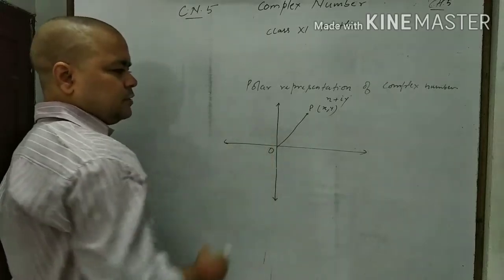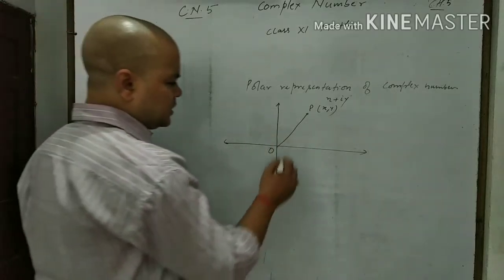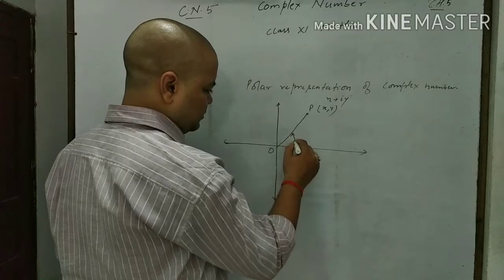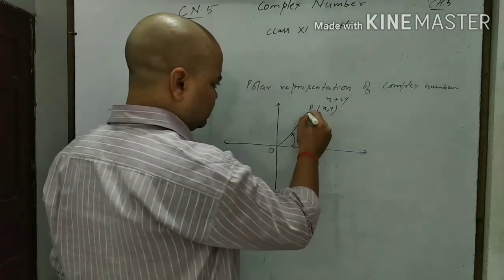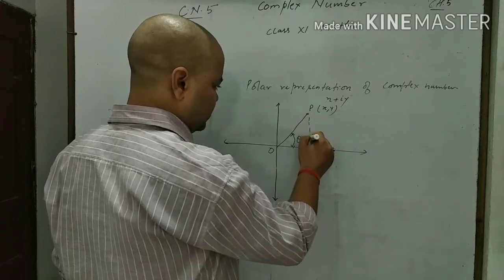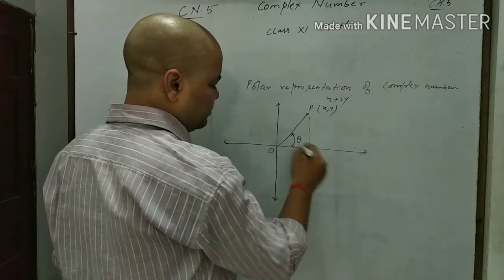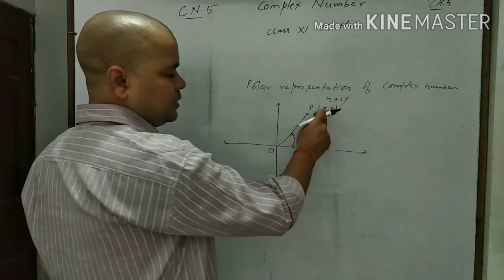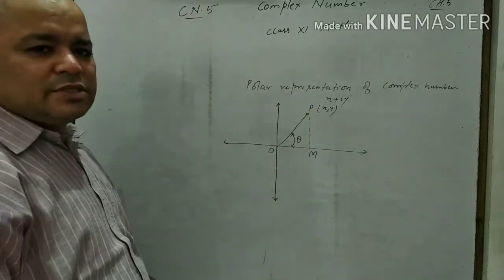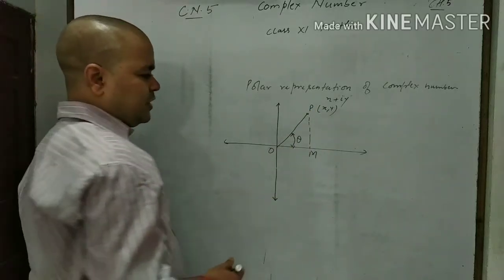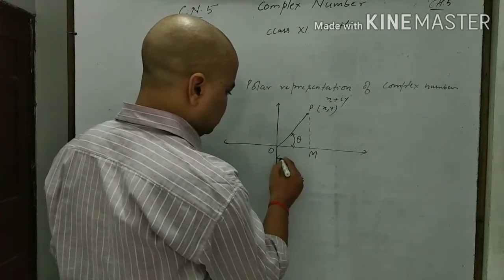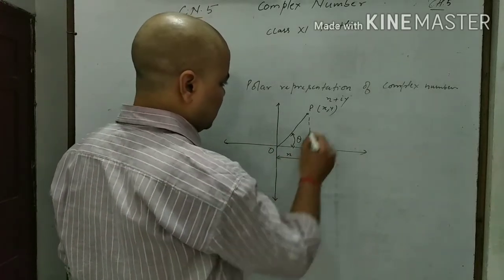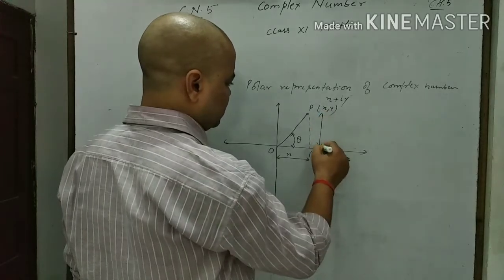Let the angular distance from this to this be theta. If we join this point, call it N, then this is just x. X means abscissa, the distance from the y-axis, which is the imaginary line. So here it will be x, and this distance will be y.